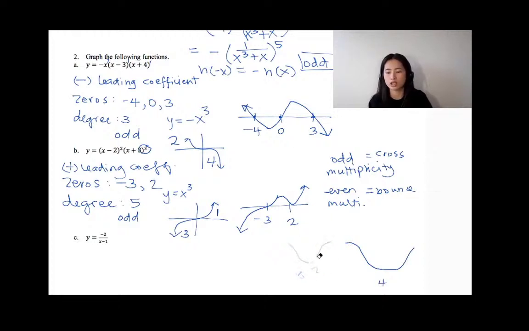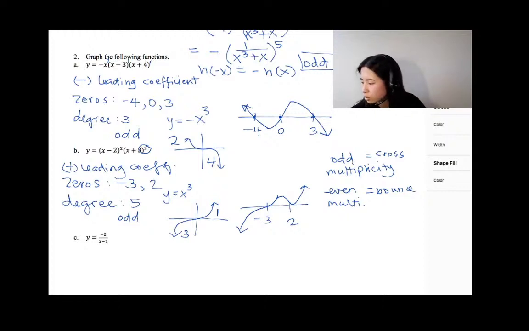When you're graphing, it's really your intuition that you need to make it flatter. Okay, so I think I've covered everything that you need to know for polynomial functions. Hopefully this is making sense so far. If you do have any questions, please let me know. Okay, cool.